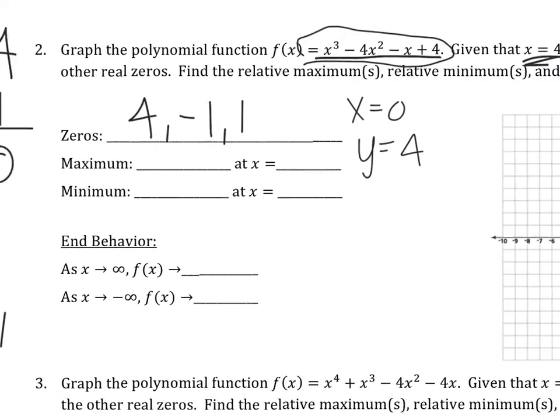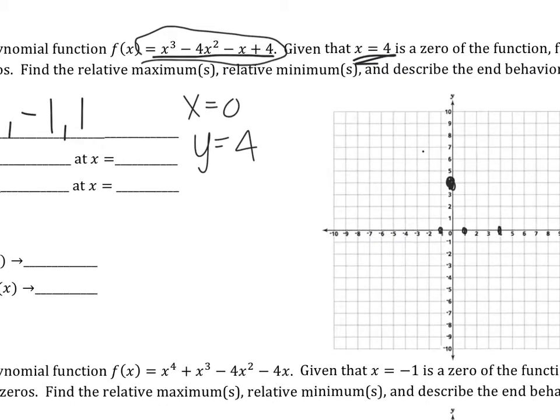So you can start to get an idea of what the graph is going to look like here. I'm completely using a graphing calculator to do this for me. I am not trying to be clever and work this out by hand.